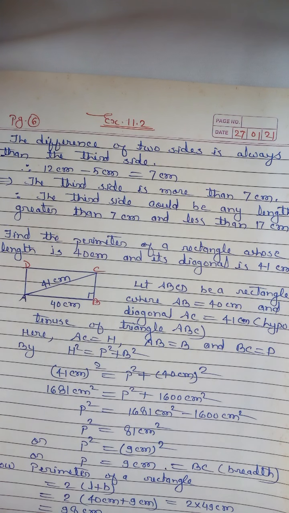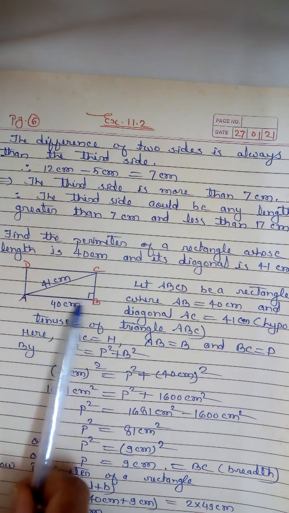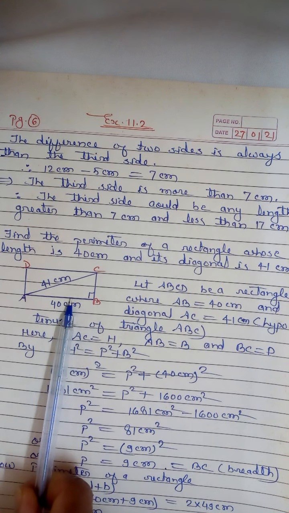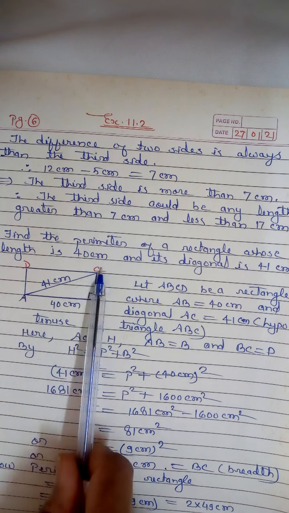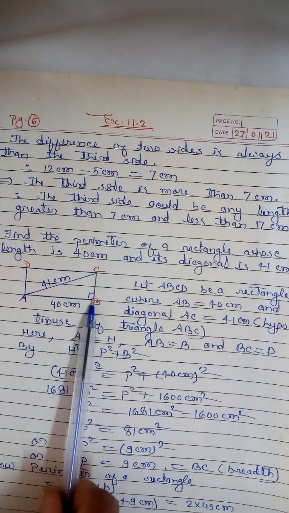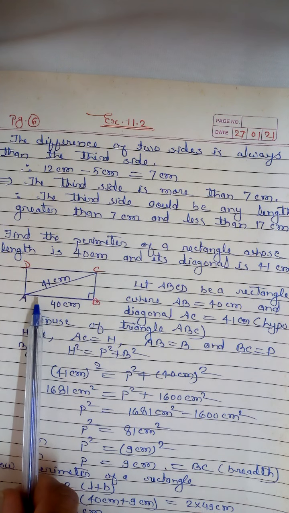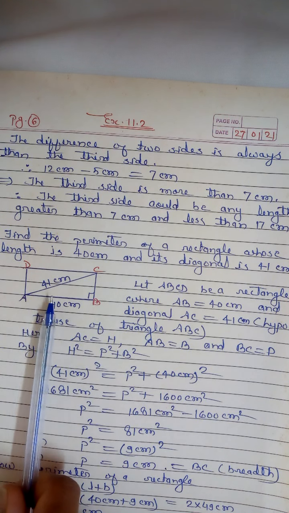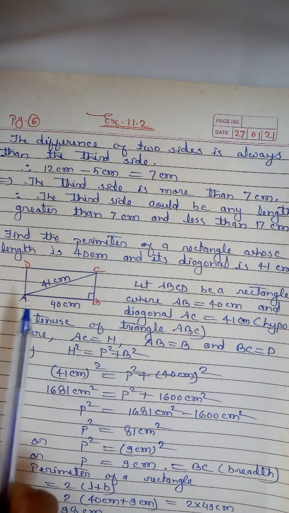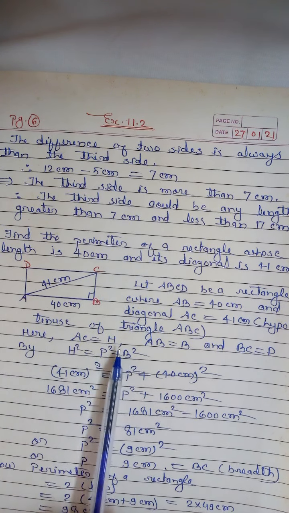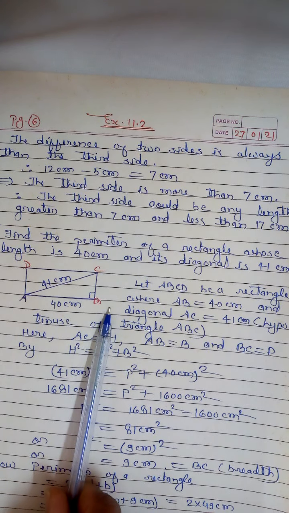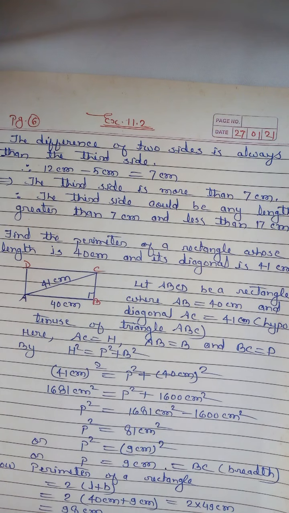And this will be the hypotenuse, as we know the property of a rectangle that the angle between two adjacent sides is 90 degrees, or a right angle. So in this part of the rectangle we can take the help of Pythagoras theorem. Here AC equals the hypotenuse, AB equals the base, and BC equals the perpendicular.